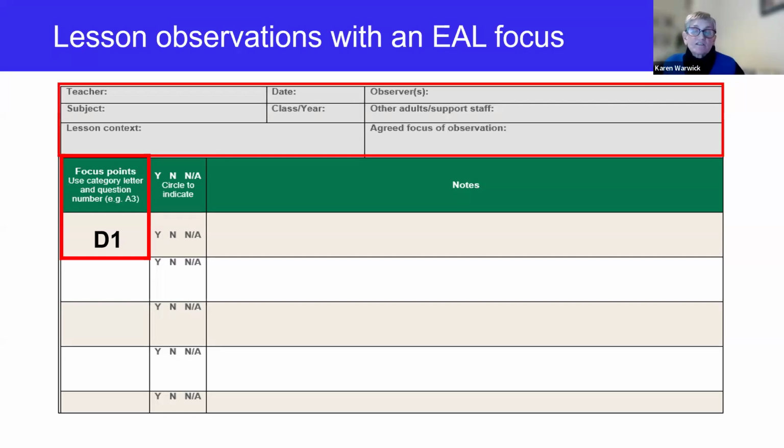So that's what the class teacher might decide they want to focus on. There is a column here where you can add whether yes, no, or not applicable, whether it's been met or not, and obviously space for you to add more notes. So it's self-explanatory on that form there.